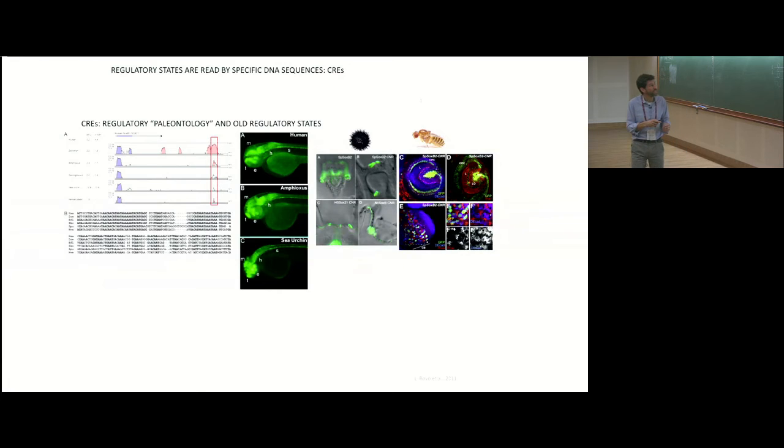But the interesting thing is that when we took this sequence from humans, or from Amphioxus, or from sea urchin, and generated transgenics with them to ask whether this very weird sequence is acting as an enhancer, we found that all these sequences drive expression in undifferentiated cells within the brain.